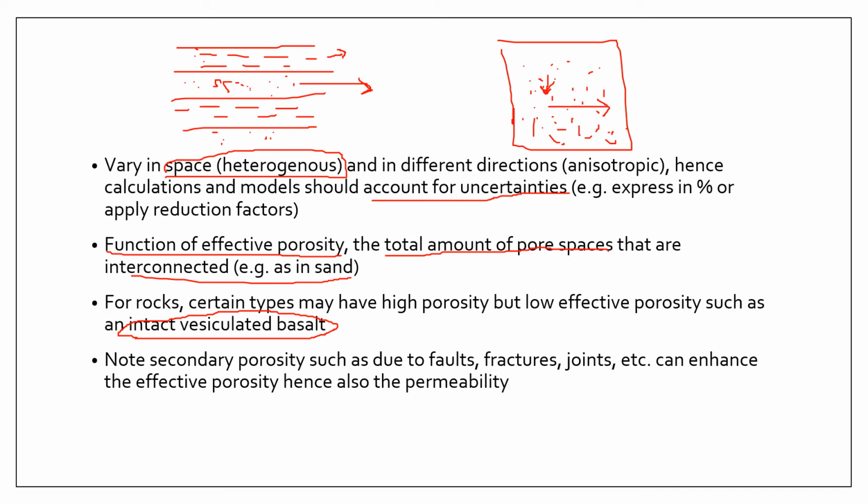It will have a lot of vesicles, so a high porosity or a lot of air spaces, but these may not be interconnected, so it will have a low effective porosity.